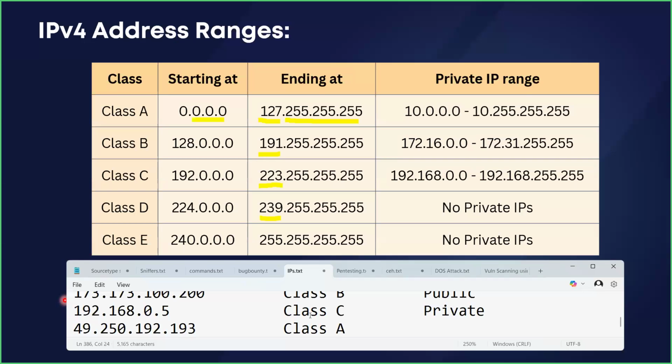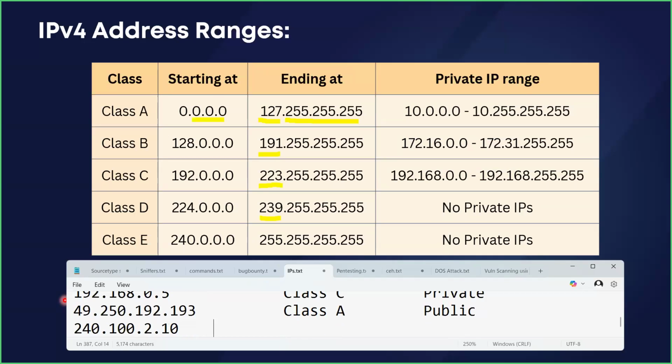Class A, correct. Public. Perfect. Next, class E and public. Perfect. Because in class D and E, you don't have any private IPs in it at all. Next, perfect.